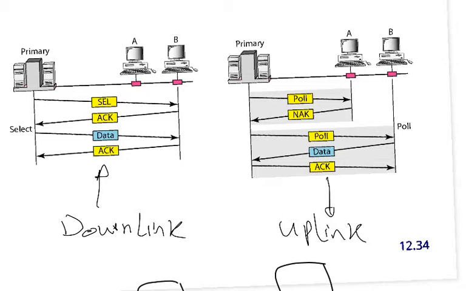But this doesn't mean that all of us have the same channel to the base station. Someone might have a better channel compared to the others, right? So if that one is accessing the channel to the base station, he or she has higher probability of getting the data successfully to the base station. Whereas if I try to send, maybe I have lower probability to get the data successfully to the base station.